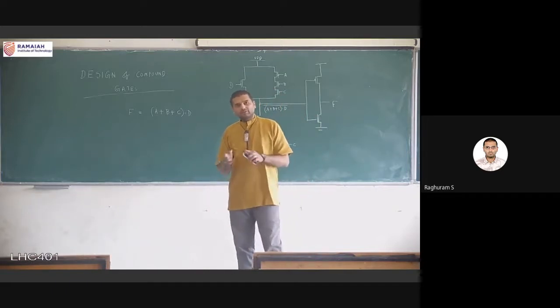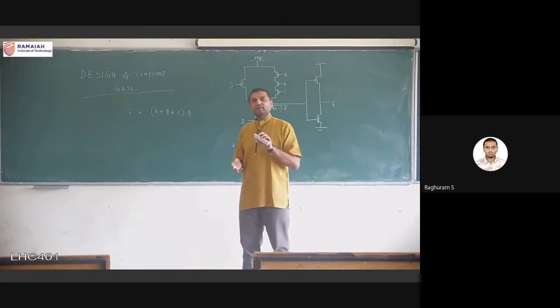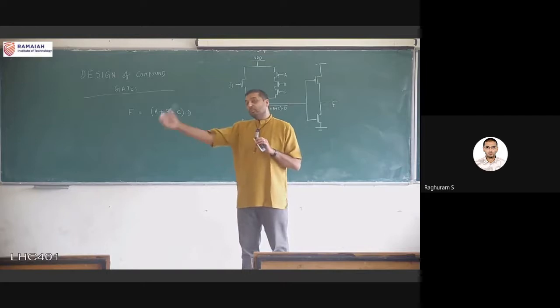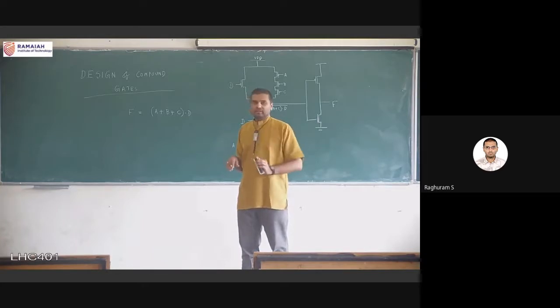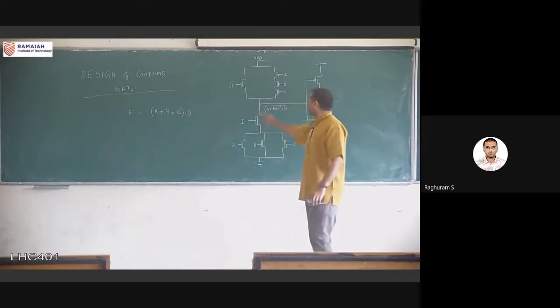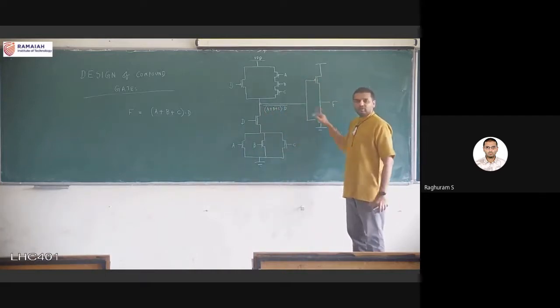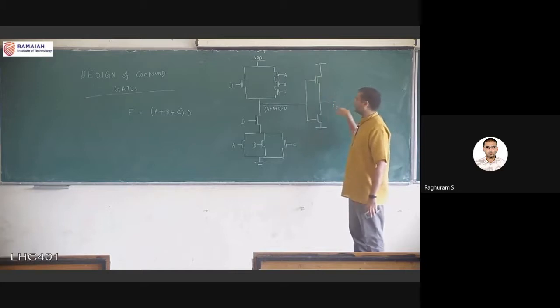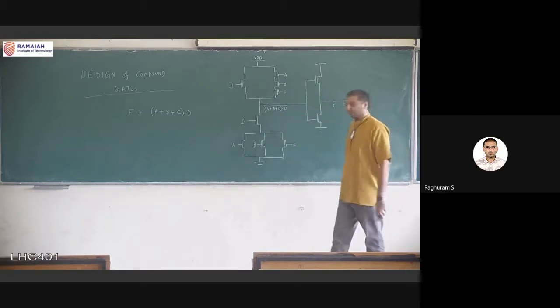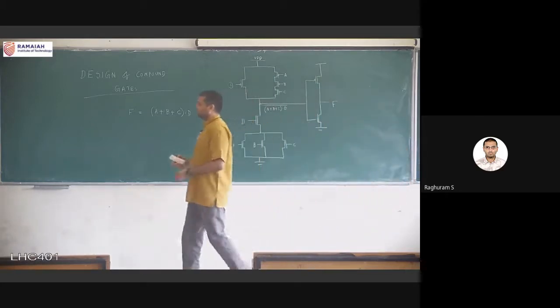Always the inputs are given to the gate terminals. Inputs are not given to source or drain terminals. Outputs are taken from the source or drain terminals. Input signals in static CMOS at least are always given to the gate terminals. So we take the output and give it to the gate terminal of the PMOS and NMOS, which is the inverter, and we get the output, whatever function we want. Okay, so this is one example.